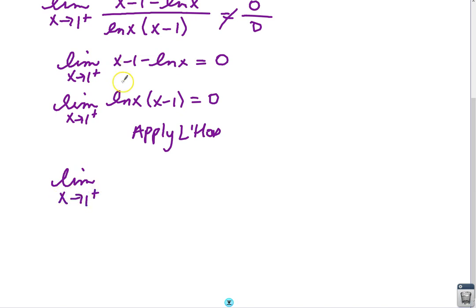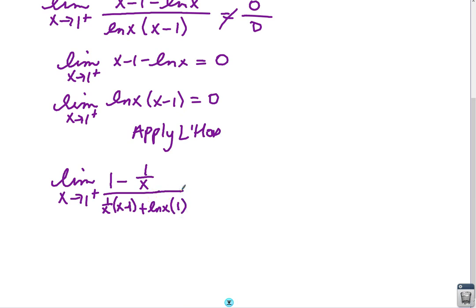The derivative of x is just 1. The derivative of 1 is 0. The derivative of natural log is 1 over x. Over, here I have to use the product rule. Okay, so I'm going to have 1 over x times x minus 1 plus natural log of x times just 1.